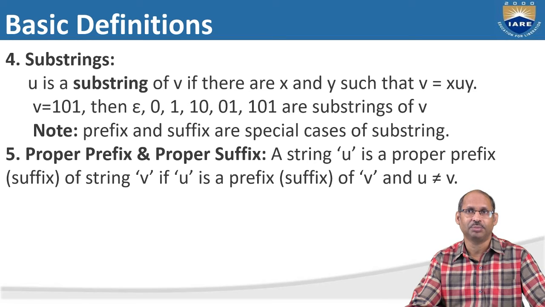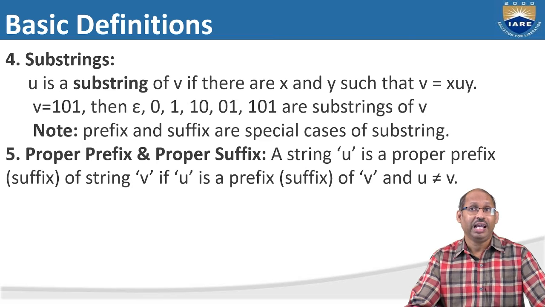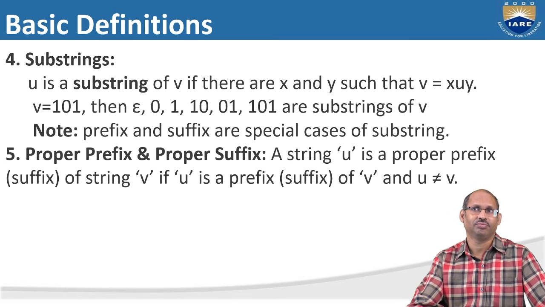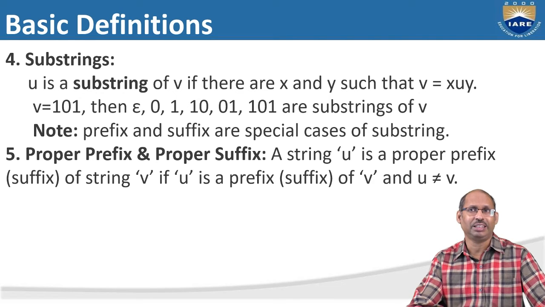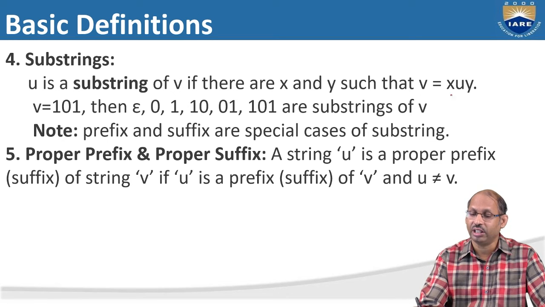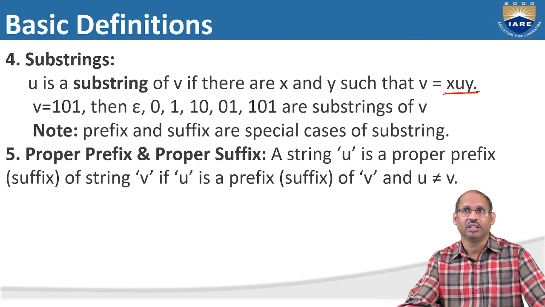Next, substring. U is a substring of V if there are X and Y such that V equals XUY.